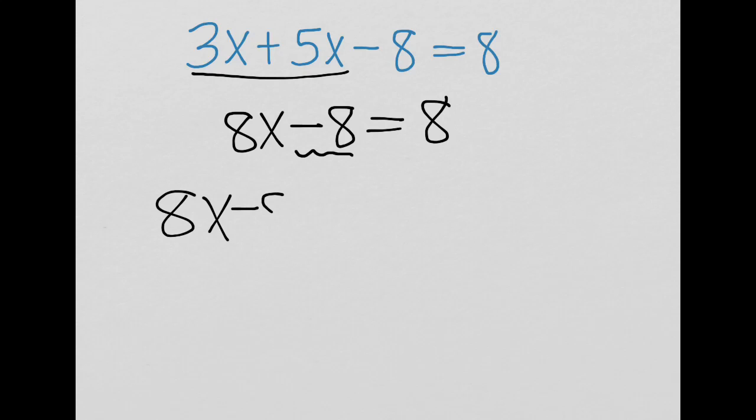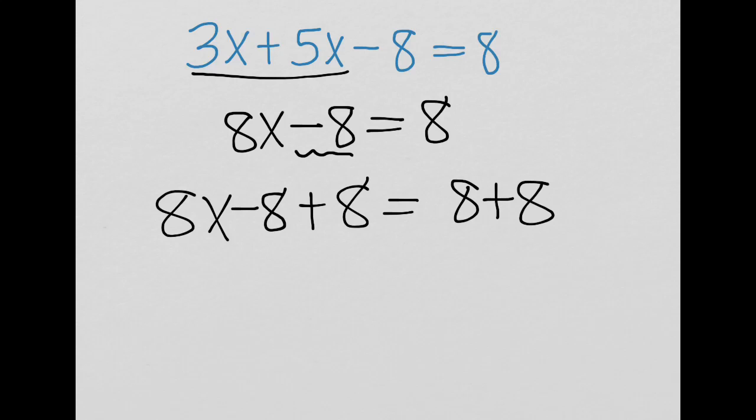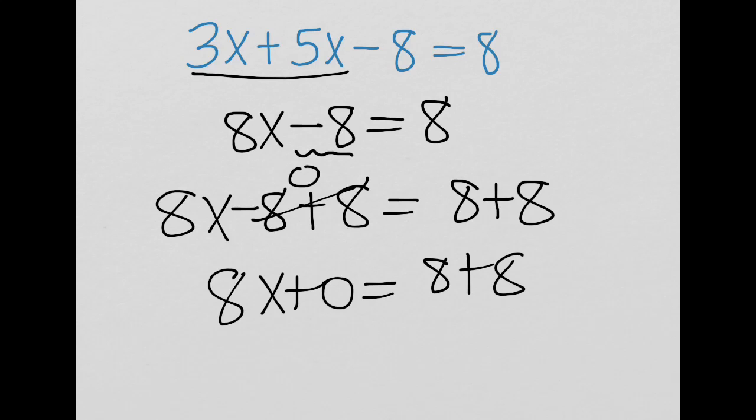I'm going to add 8 to the left-hand side. But remember, what I do on one side, I have to do to the other. So because I added 8 to the left-hand side, I need to add 8 to the right-hand side. Simplifying, this is 0, so I have 8x plus 0 is equal to 8 plus 8, or 8x is equal to 16.